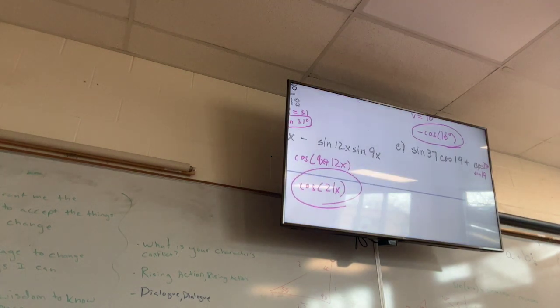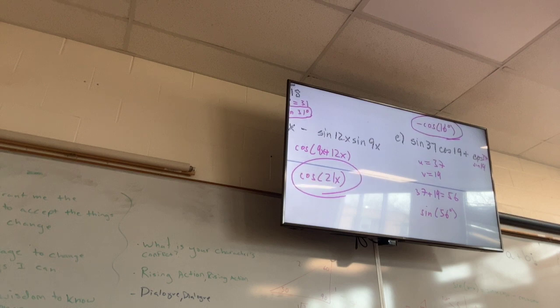Okay, so what's my u here? 37, my v is 19. 37 plus 19 is 56. So this is going to be sine of 56 degrees. Okay, so that's how we do that.